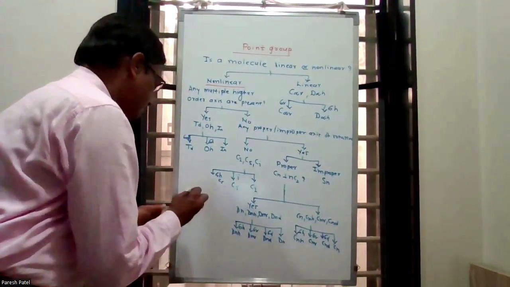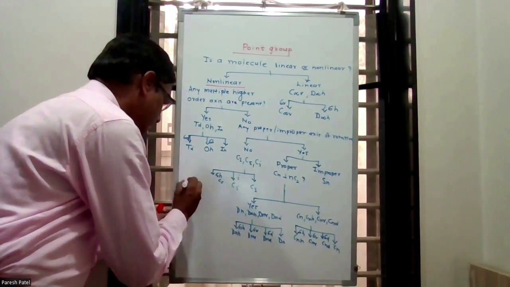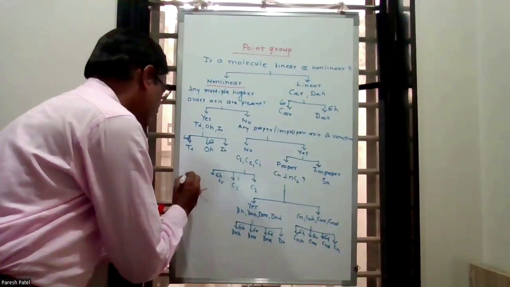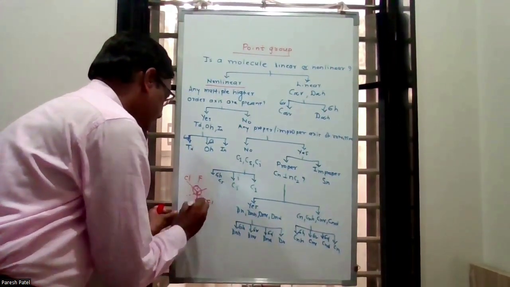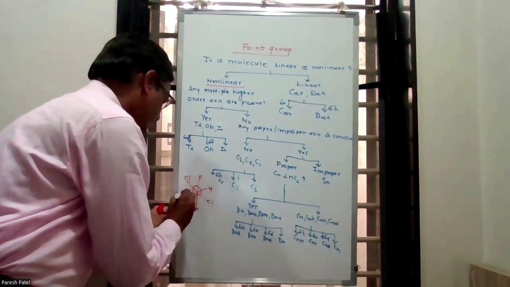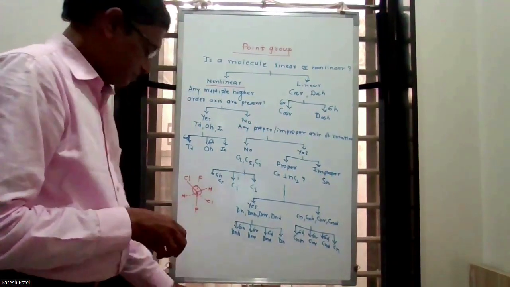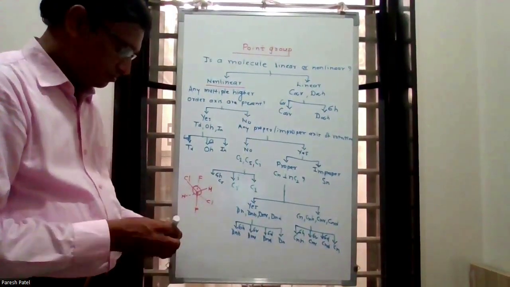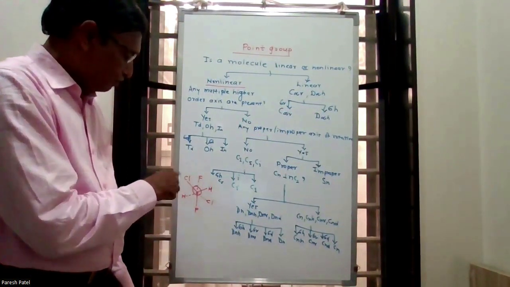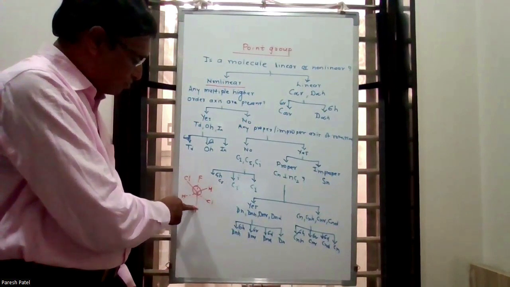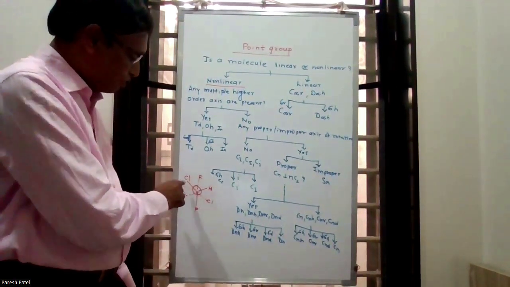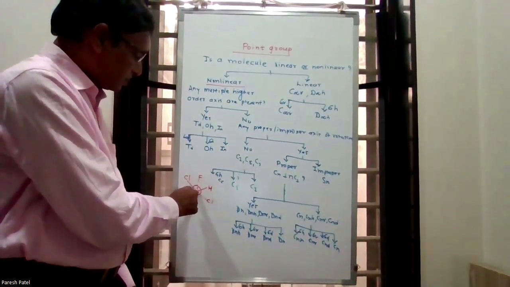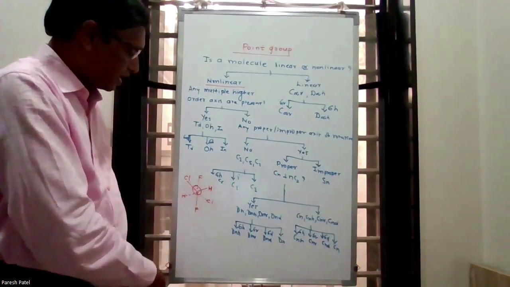Next molecule is trans-difluoroethane. According to this Fischer projection diagram, this carbon fluorine bond is opposite to this carbon fluorine bond, and this carbon hydrogen bond is opposite to this carbon hydrogen bond.